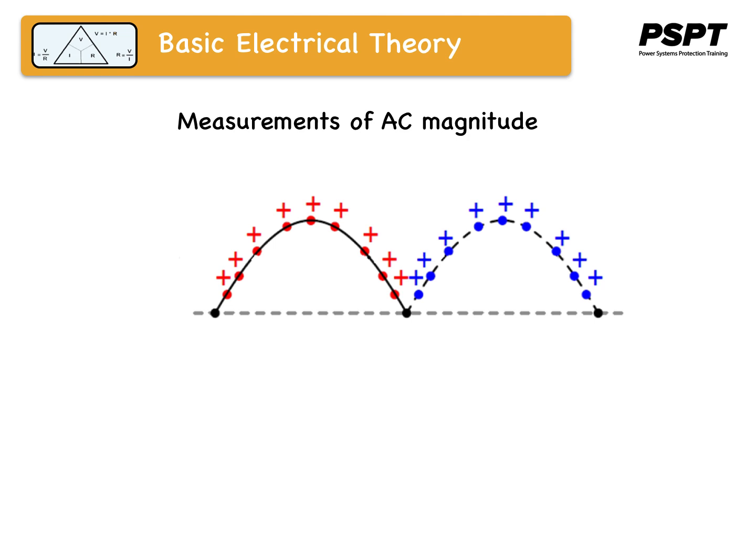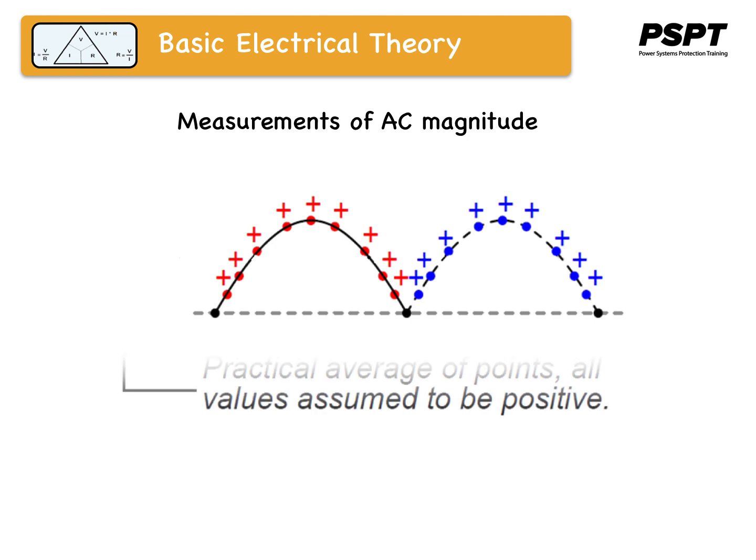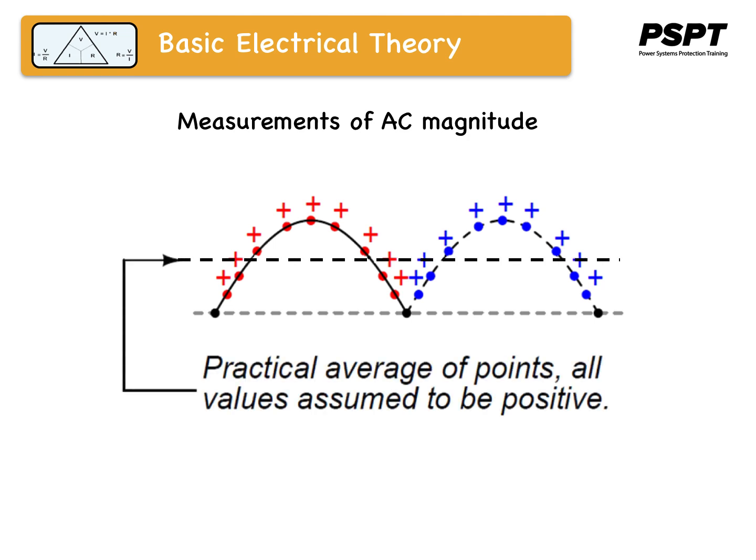In other words, we calculate the practical average of the waveform by considering all the points on the wave as positive quantities, as if the waveform looked like this. The average value would then have some value other than 0 that would be related to the intensity of the wave.